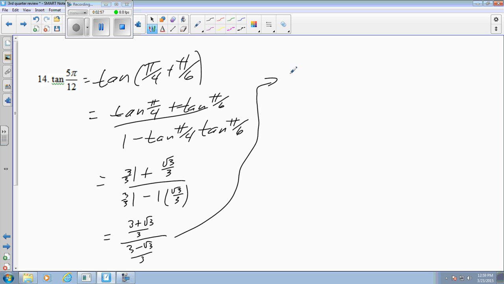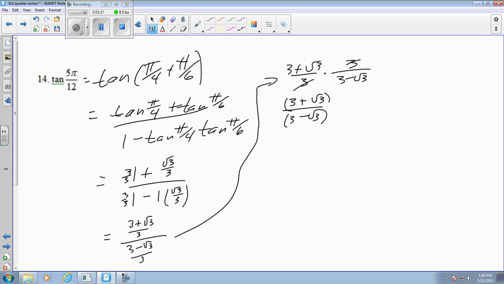And then simplifying, I'm going to have 3 plus the square root of 3 over 3 times the reciprocal, which would give me 3 over 3 minus the square root of 3. Simplify, simplify. And I'm left with 3 plus the square root of 3 over 3 minus the square root of 3. And let's do some rationalizing there.